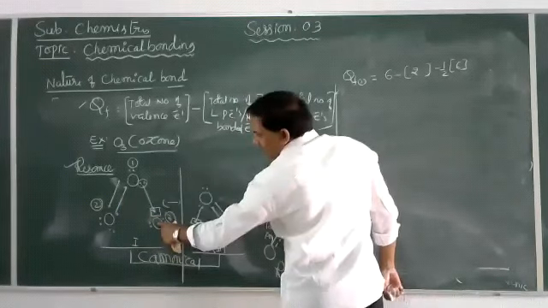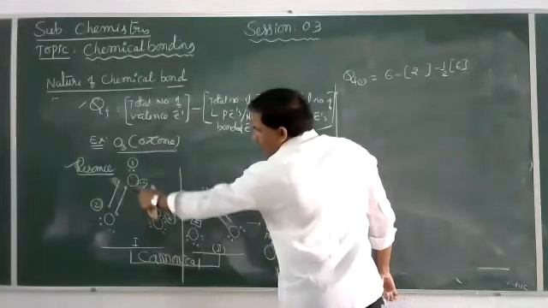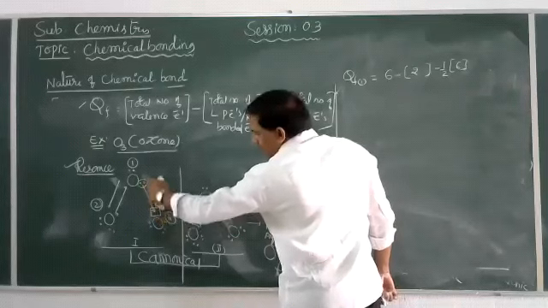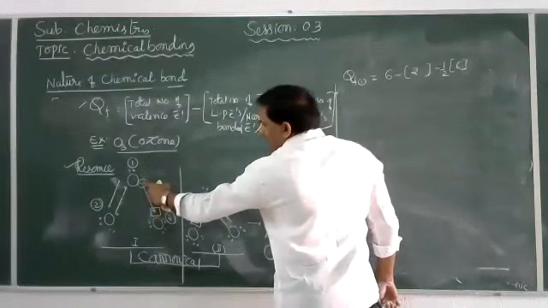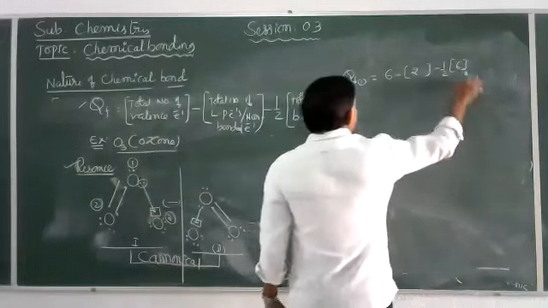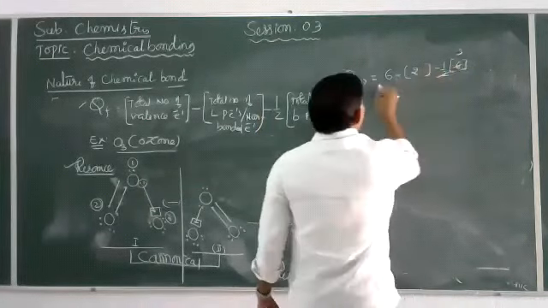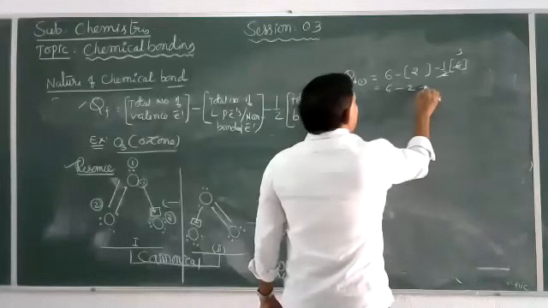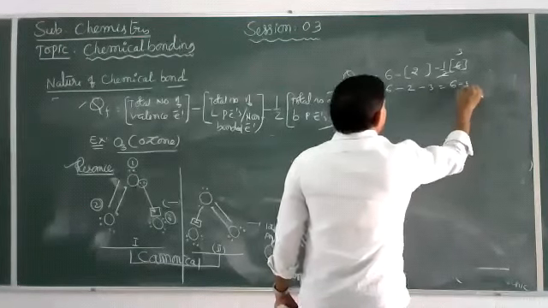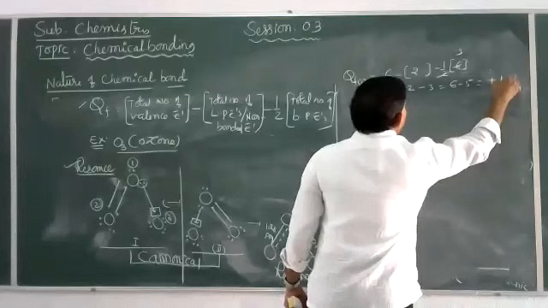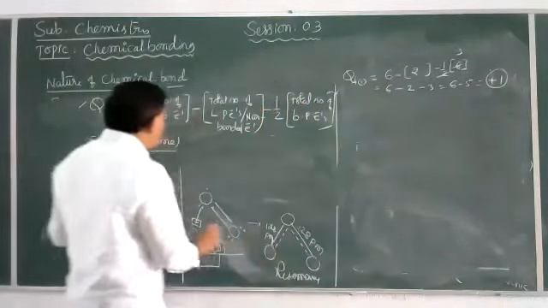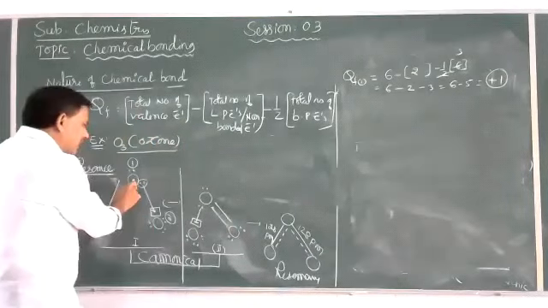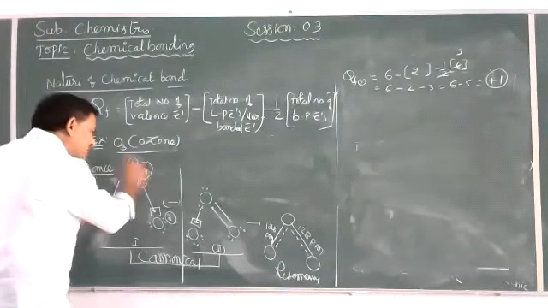And this oxygen atom is not donated for sharing. Only this oxygen atom donated 2 electrons to share. That's why one pair only participated. That's why we can use 2 electrons. 2 plus 4, 6 here. Now this is 3. 6 minus 2 minus 3, that is 6 minus 5, that is equal to 1, that is plus 1. That is the individual charge in a molecule; this individual oxygen atom's charge is plus 1.